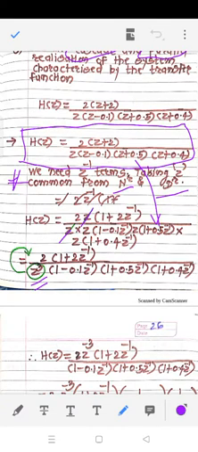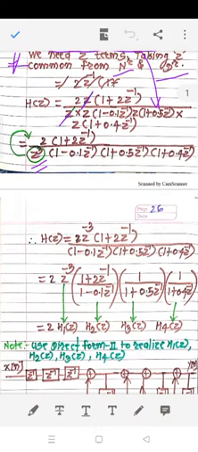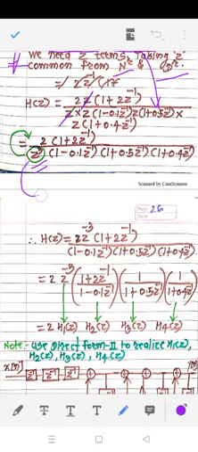So this z cube we will take in the numerator, so we get 2z to the power minus 3, so this plus 3 is becoming minus 3, and 2 is present as it is. So 2z to the power minus 3 into 1 plus 2z inverse, divided by 1 minus 0.1 z inverse, 1 plus 0.5 z inverse into 1 plus 0.4 z inverse.